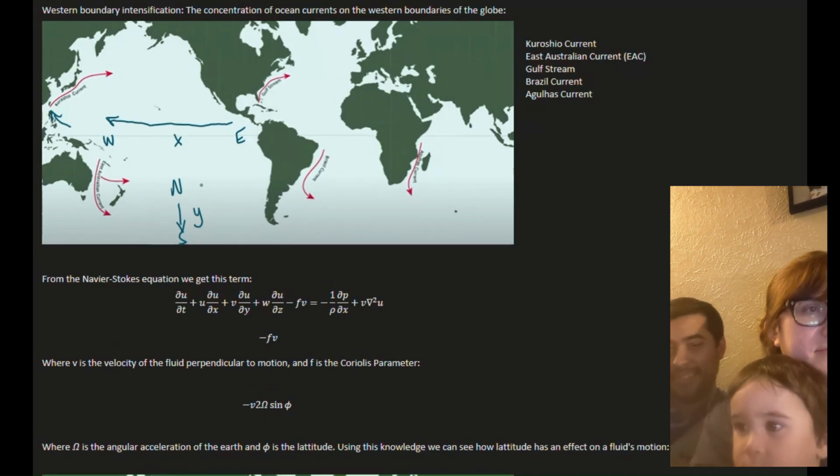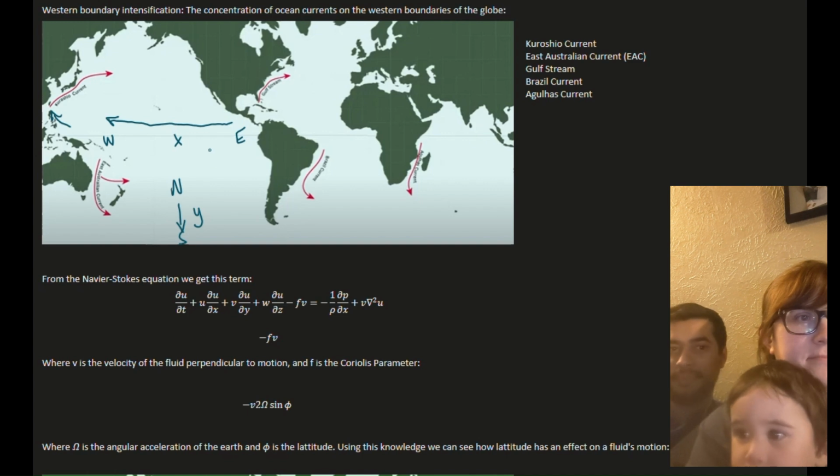When we look at the x-driven momentum, the water is being moved from east to west in the x direction. There's this term called the acceleration due to the Coriolis parameter, and it is perpendicular. This v stands for the fact that it's going to go in the y direction.